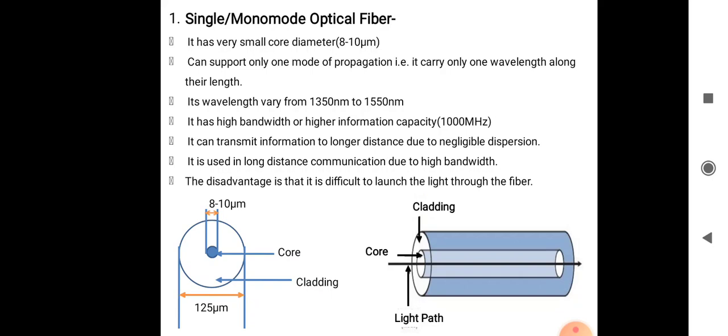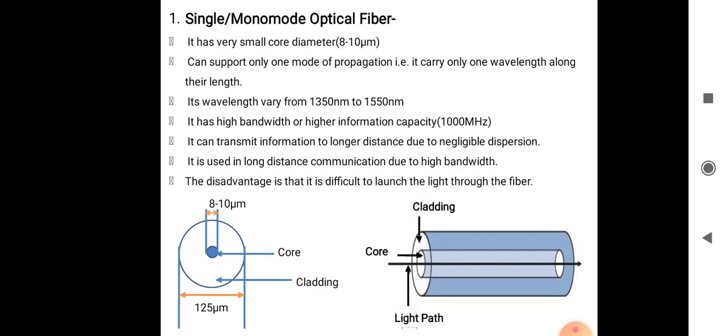It transmits information to longer distance due to negligible dispersion, or simply we can say this single optical fiber is used for long distance communication due to its high bandwidth without any loss of intensity of light.